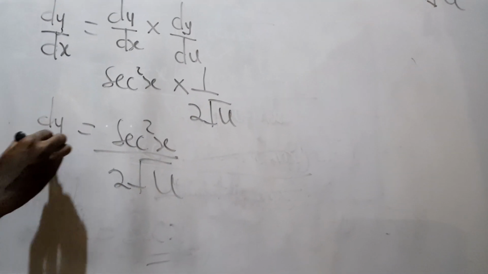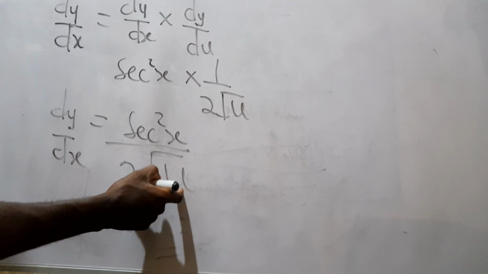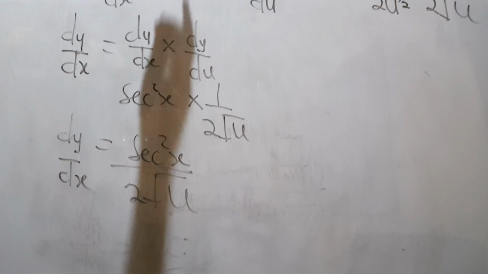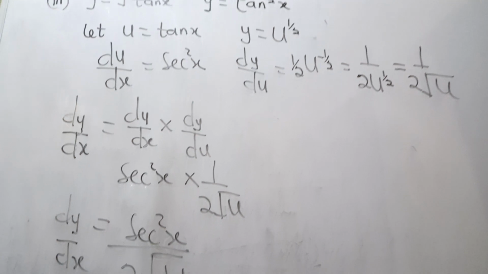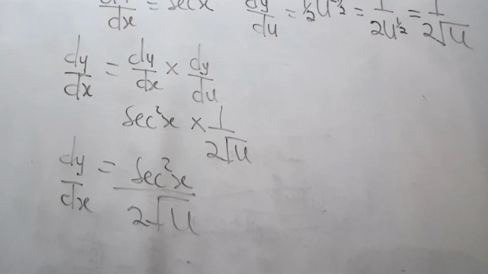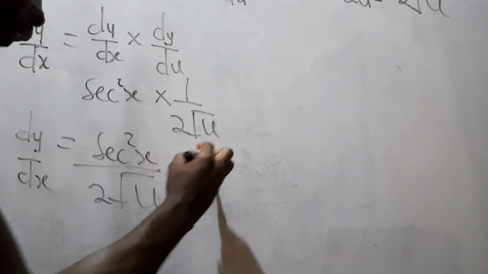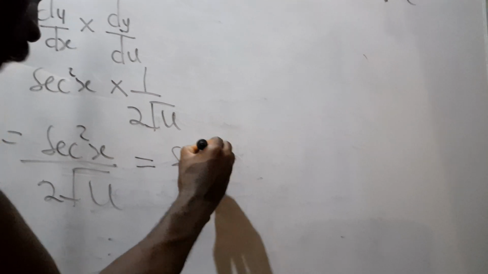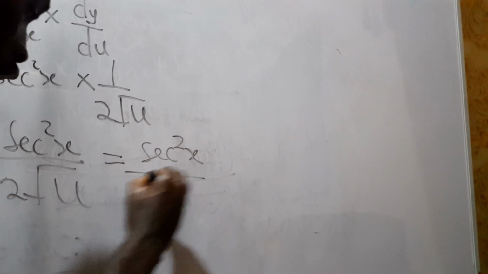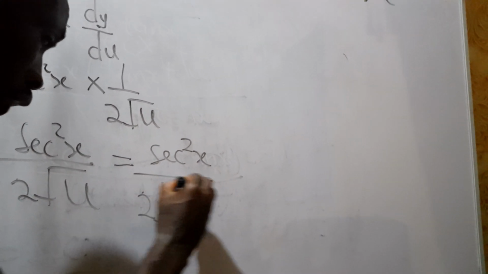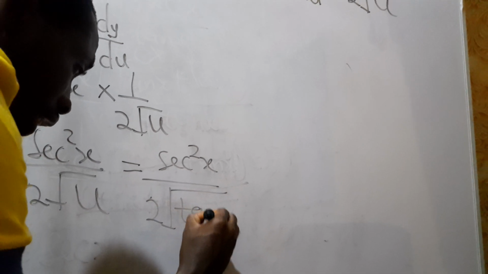Remember, this is our dy over dx. However, we know u. What's u? U is tan x, so we substitute. Then we can say that our dy over dx is sec square x all over 2 the square root of tan x. I hope you get that.